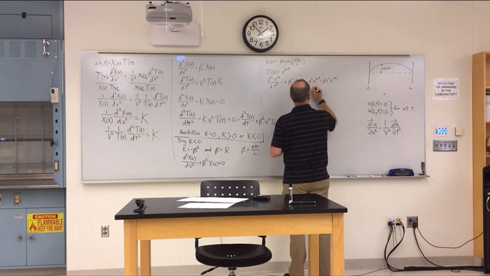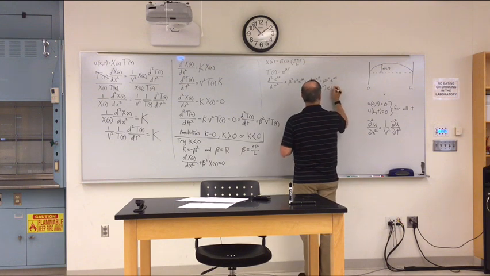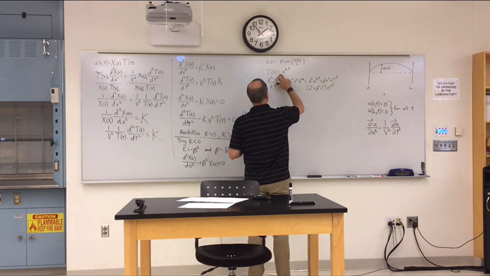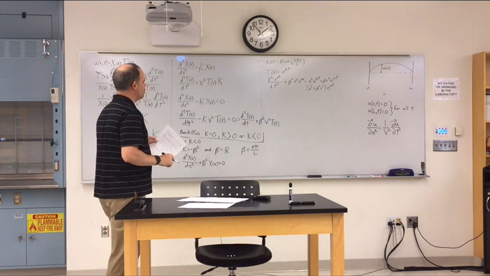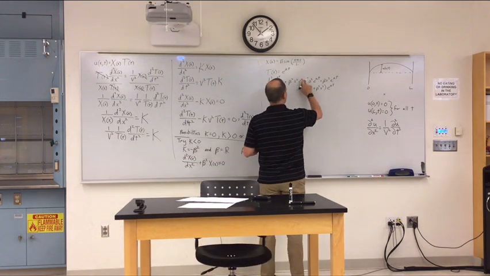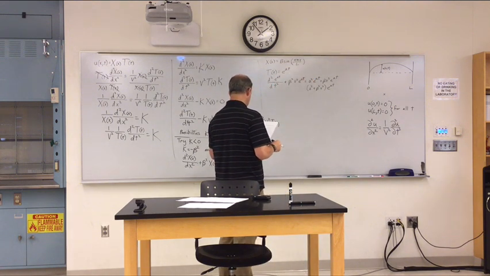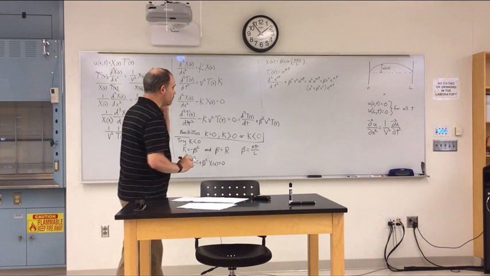We can rewrite this as a squared plus beta squared v squared, e to the at. Sorry, I much prefer x to t, but t's going to be our variable.